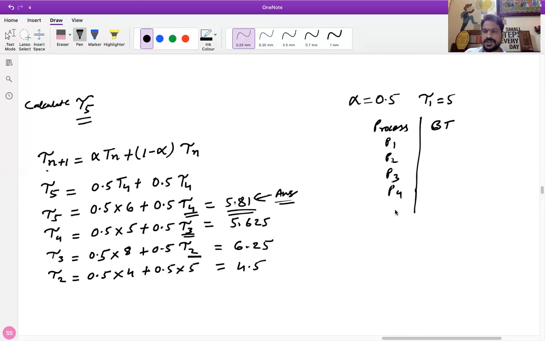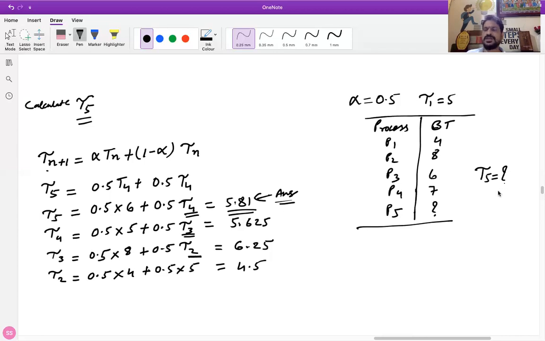What is our objective? Our objective is to find out the burst time of the fifth one. The burst times here are 4, 8, 6 and 7. Now this is your problem. What we have to calculate is the predicted burst time of the fifth process.